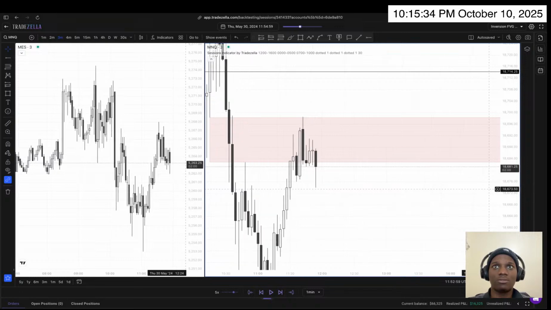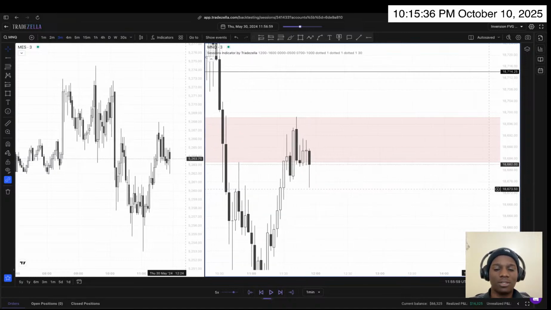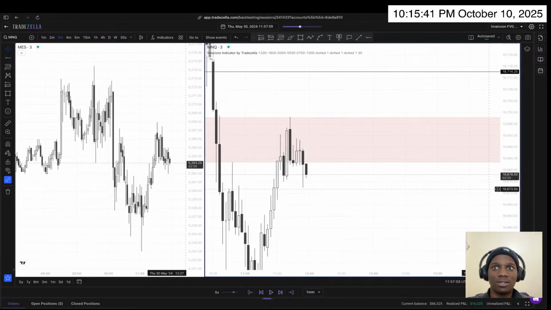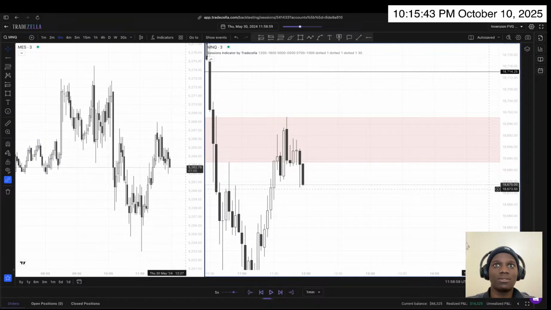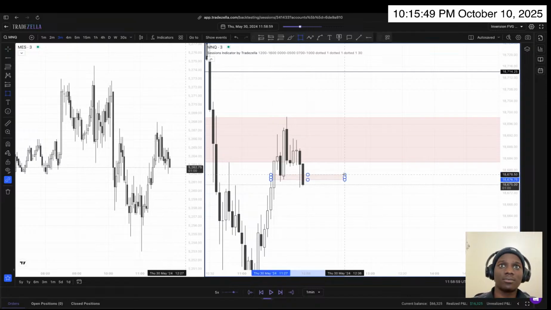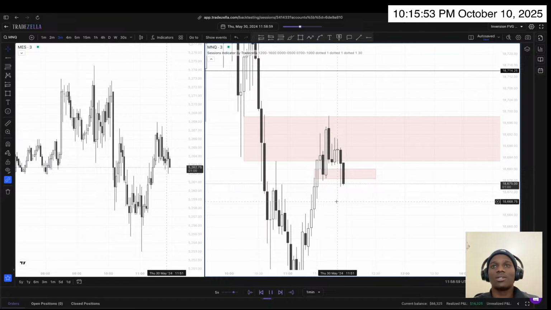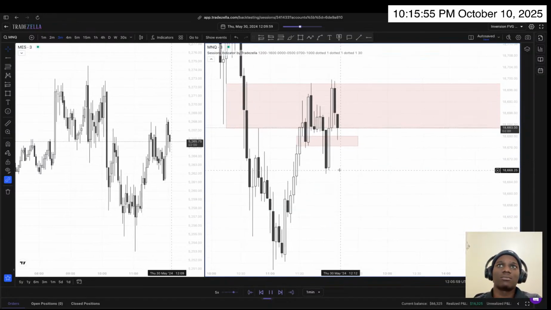Let's see, does it form one? The 3 minute, 5, 4, 3. Okay, it inverses by that line. Right here. I don't know why I seem confident enough to take this. I'm just gonna see it play.